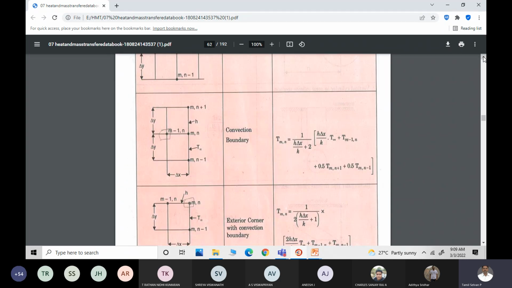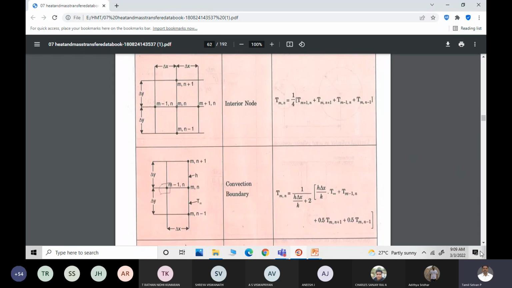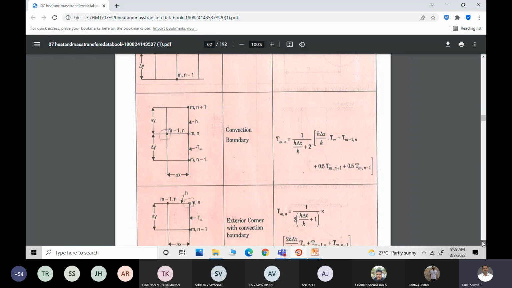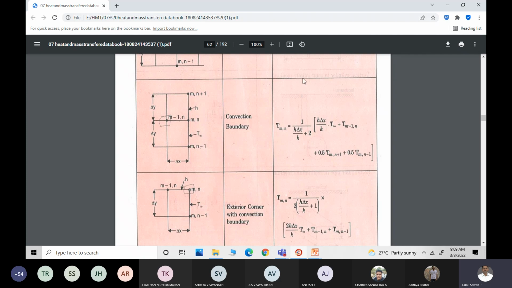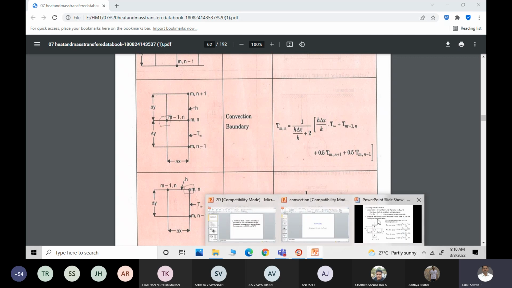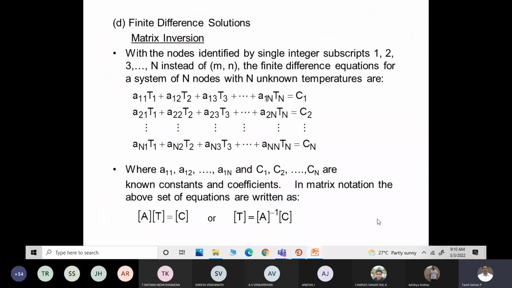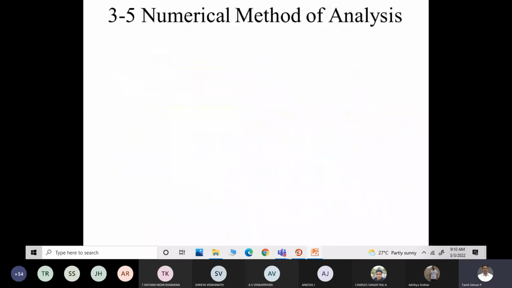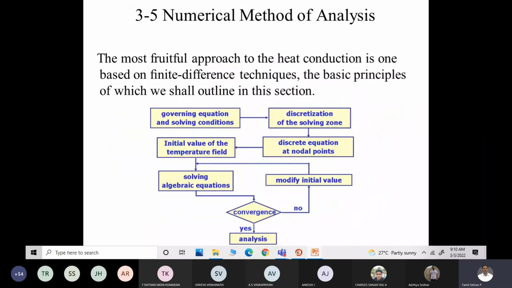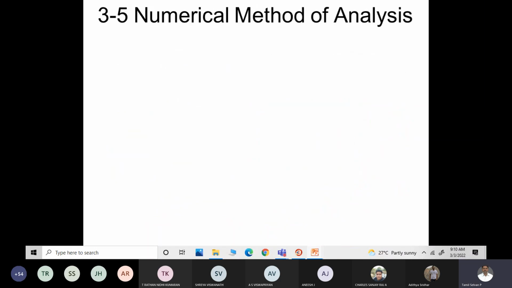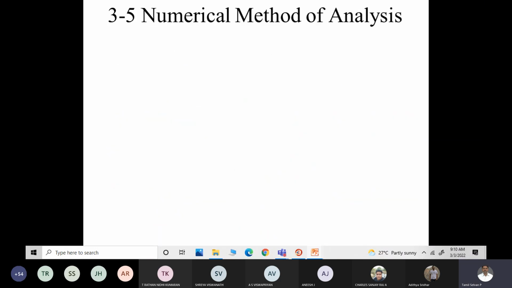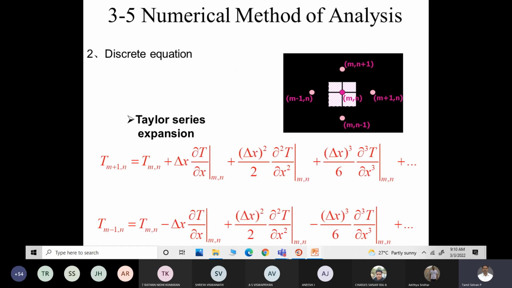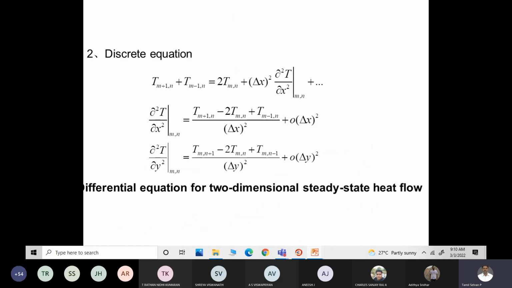And with the convection boundary, with the interior node as well as the exterior corner with convection boundary, we have these expressions. I had given you one problem also, right? Of course, these theory were there: whether we can go for the numerical method or not, what are all the things, and how we get the equation.